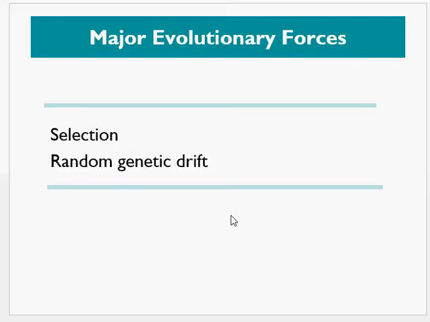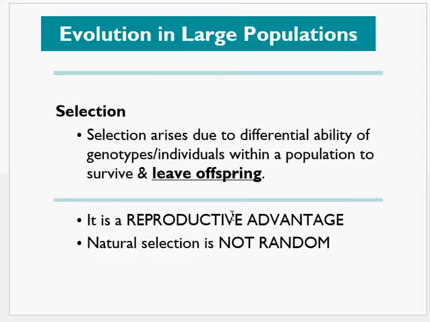So there are two main evolutionary forces which cause changes in allelic composition and therefore genetic composition and diversity above all the other forces, and that is selection and random genetic drift. So first of all, selection.